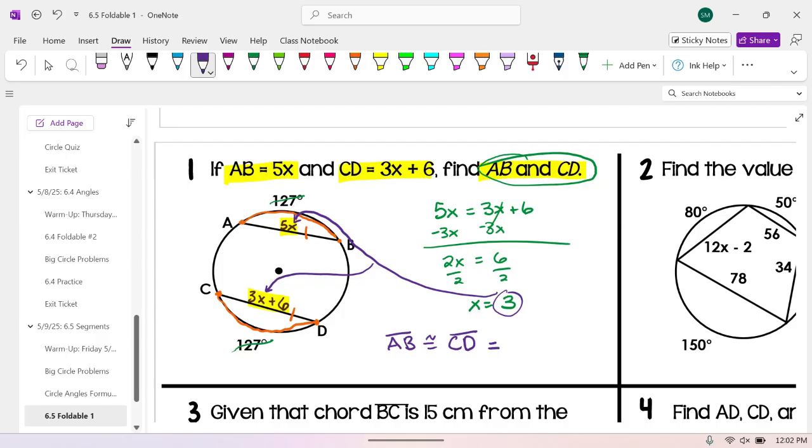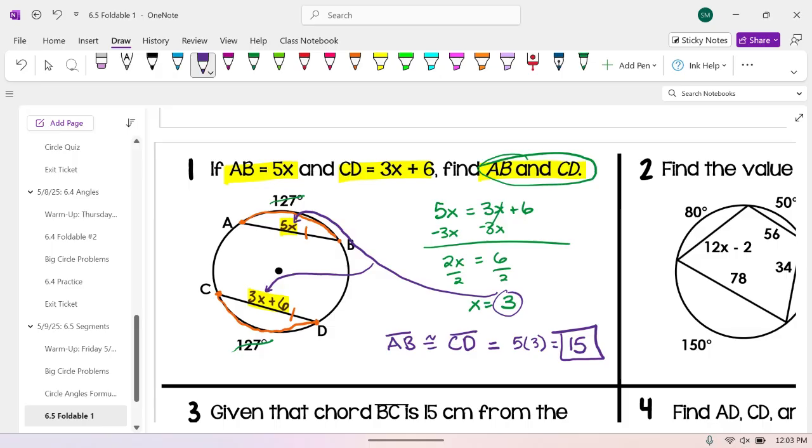Which one do you want to plug it into? The 5x or the 3x plus 6? Definitely the 5x. So 5 times 3 is 15. That's our answer. And if we want to do a quick check, we can plug it into the other one to make sure it's equal to 15. 3 times 3 is 9, plus 6 is 15. So it works.